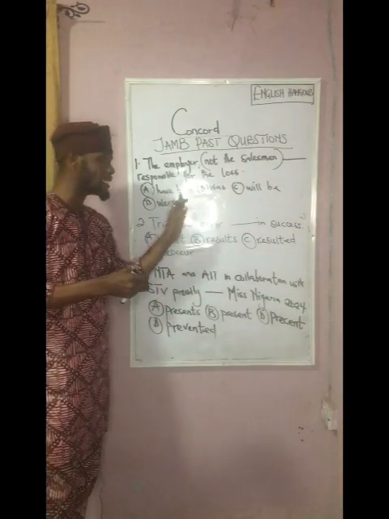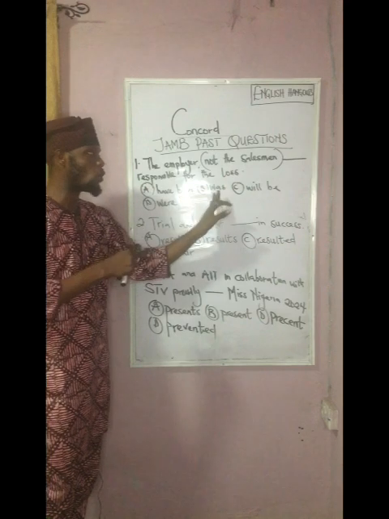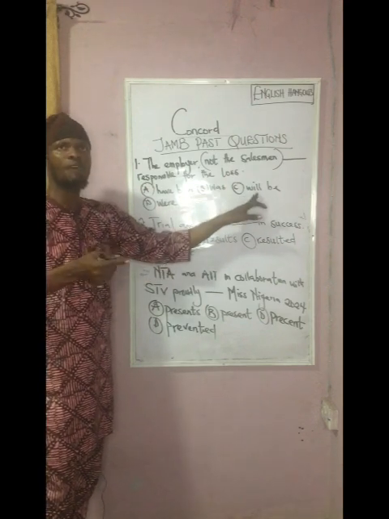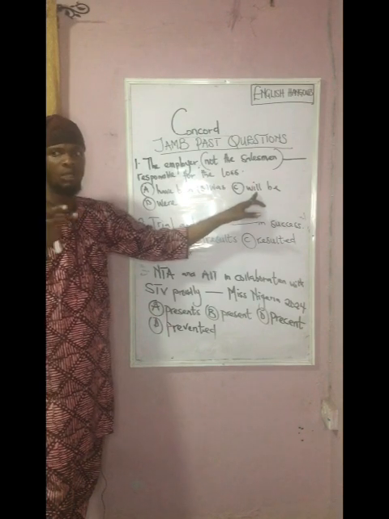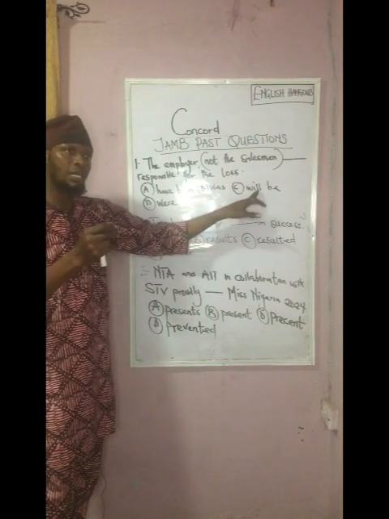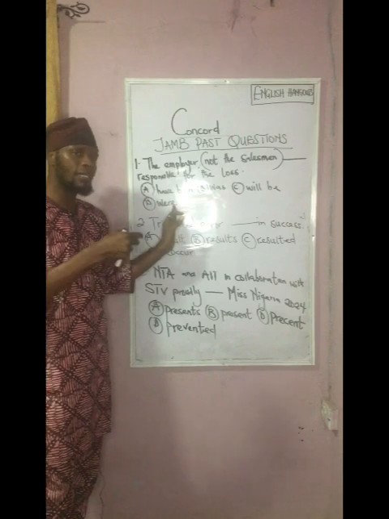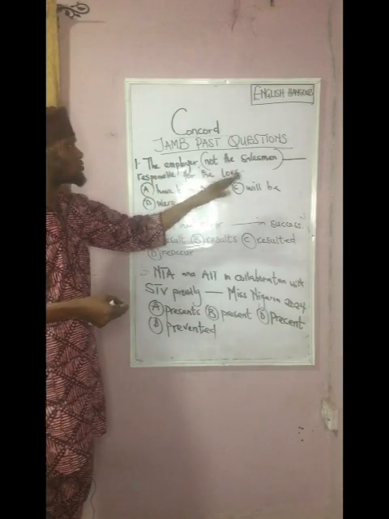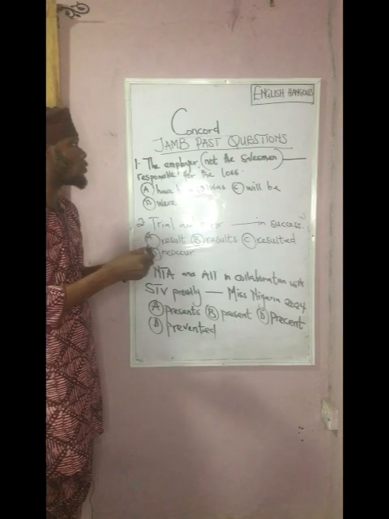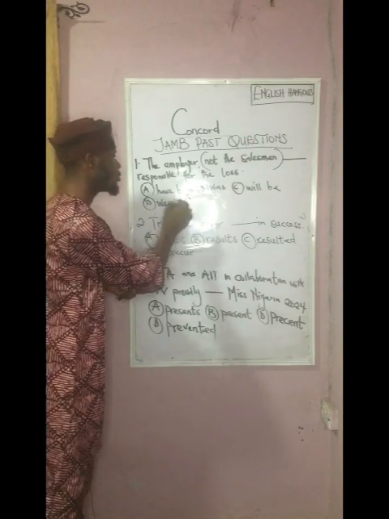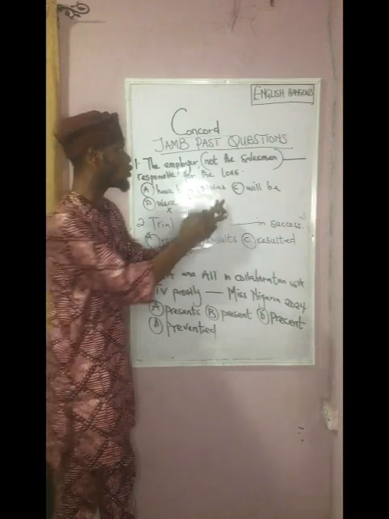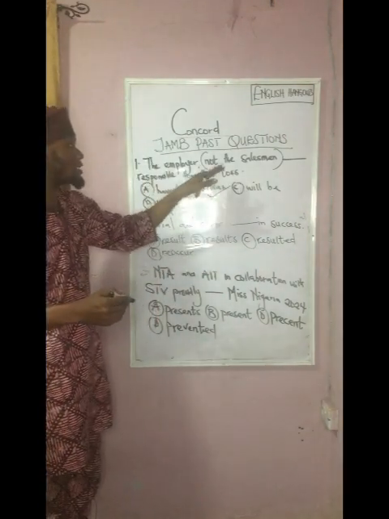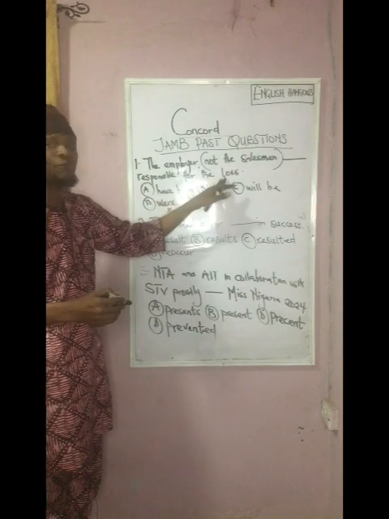Therefore, have been here is a plural subject, was here is a singular subject, will be can also serve, that is modal auxiliary, will can also serve as a singular verb, were here is a plural verb. Therefore, the employer, not the salesman, dash responsible for the loss. This is a no, this is a no also. The answer is B. The employer, not the salesman, was responsible for the loss.